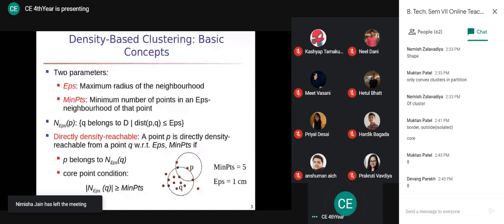What about P? This is the point P, and this upper circle is of P. So what will be the N EPS of this P?